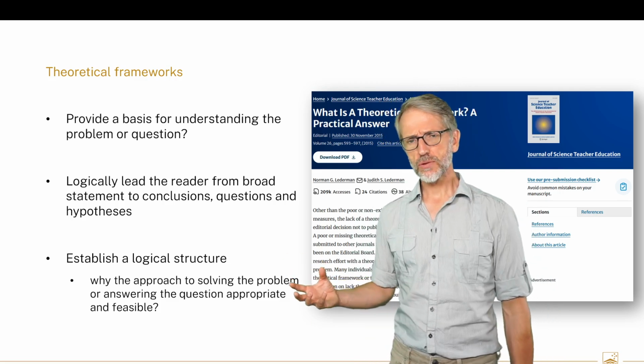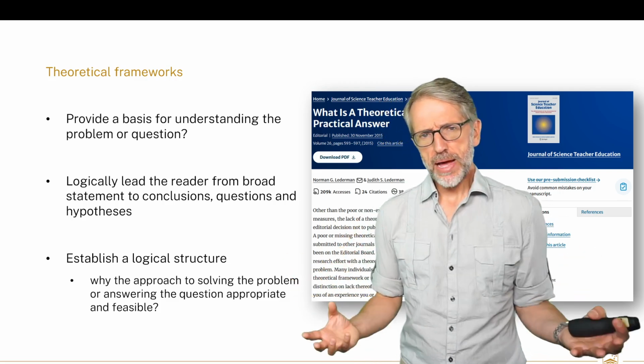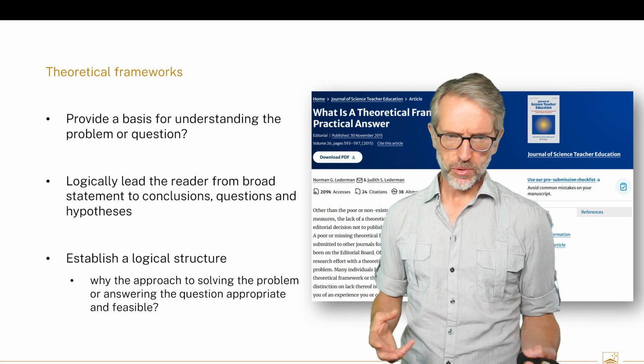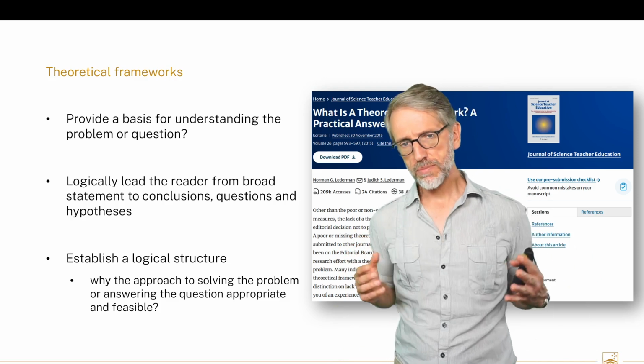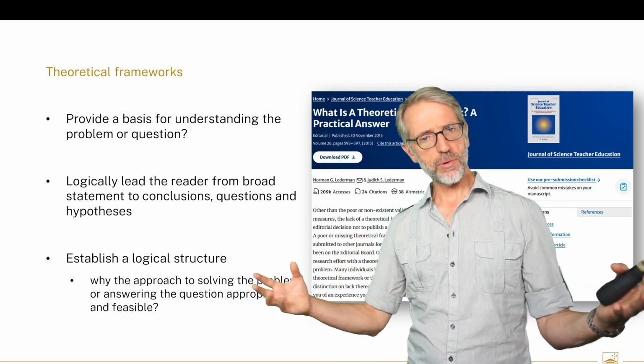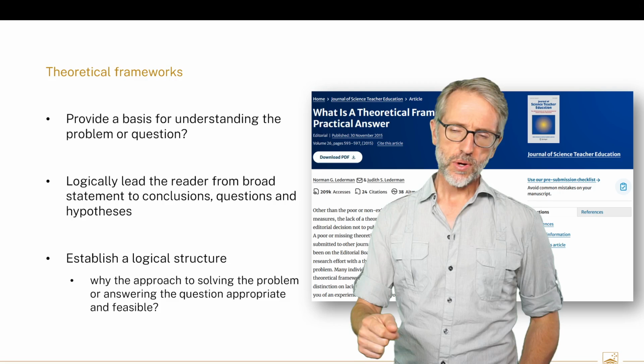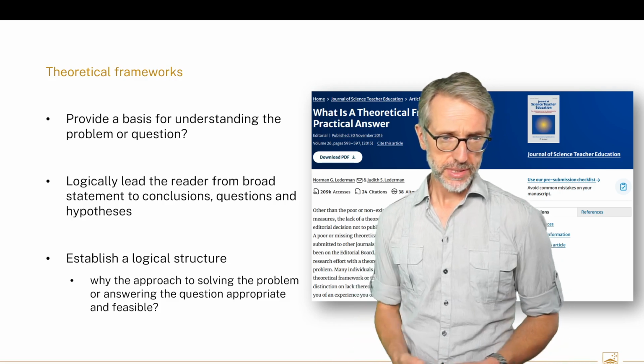The theoretical framework provides a basis for understanding the problem or the question that is addressed in an individual paper, and it should logically move the reader from that broad statement at the start to an endpoint in which hypotheses are discussed, for example.